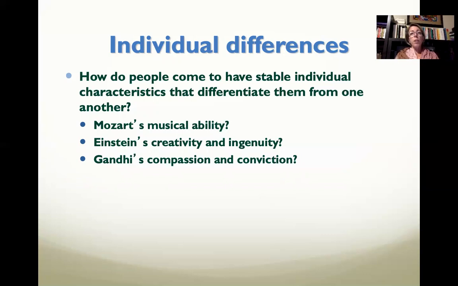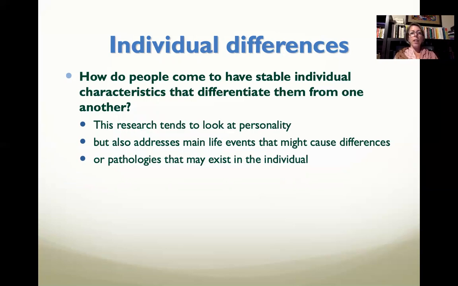But also, what happened to create a personality like Hitler's? How do we avoid making that happen again? And individual differences often talks about personality. It also may talk about major life events and reactions to trauma or to opportunities. And this may also look at pathologies.